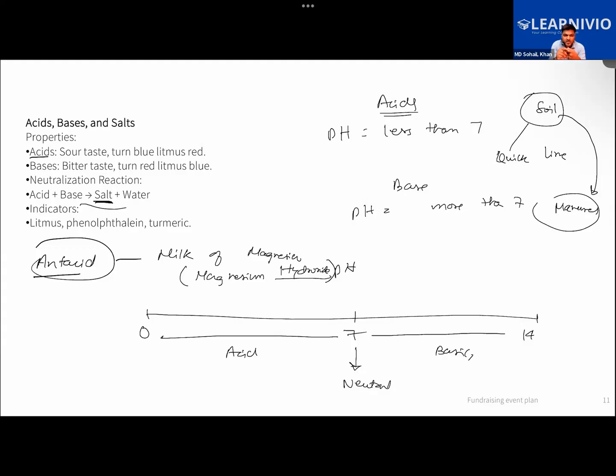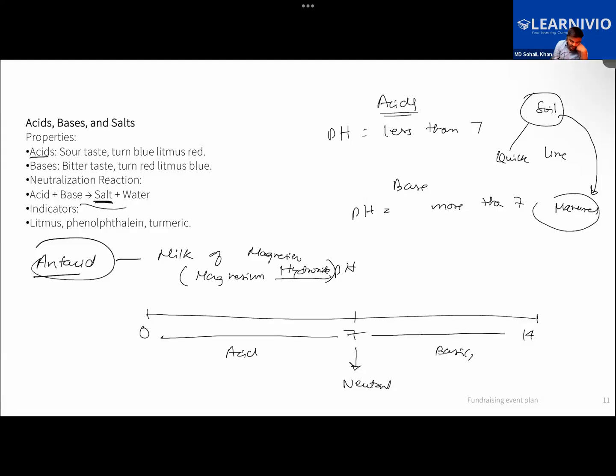So by rubbing baking soda over the area where we have been stung, it can provide relief because it will react with the acidic venom of the bee. So there are many places where neutralization reaction is used.